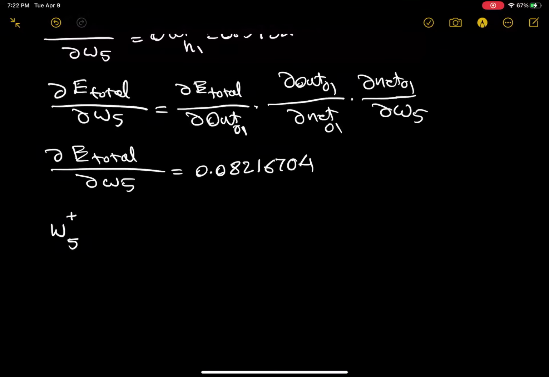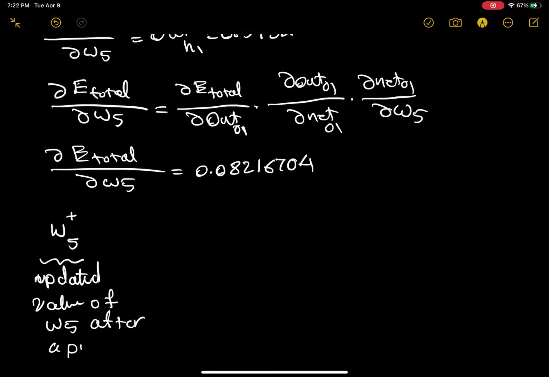That shows the new or updated value of W5 after applying gradient descent, GD.